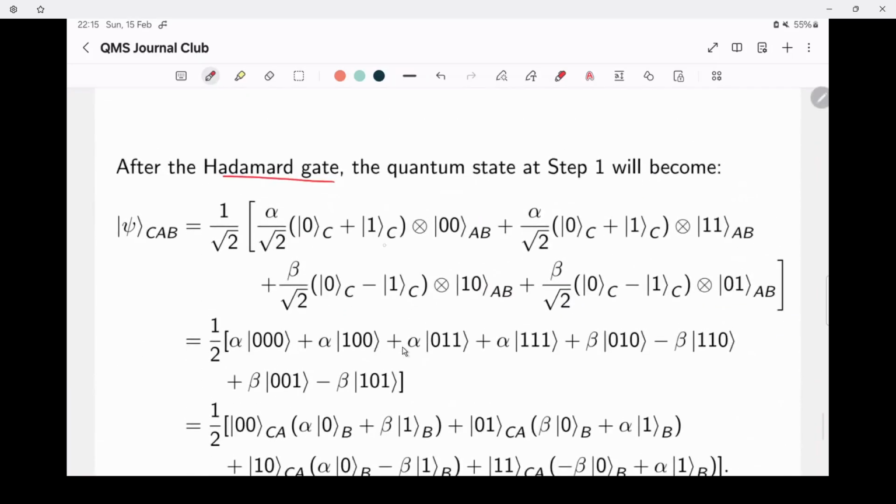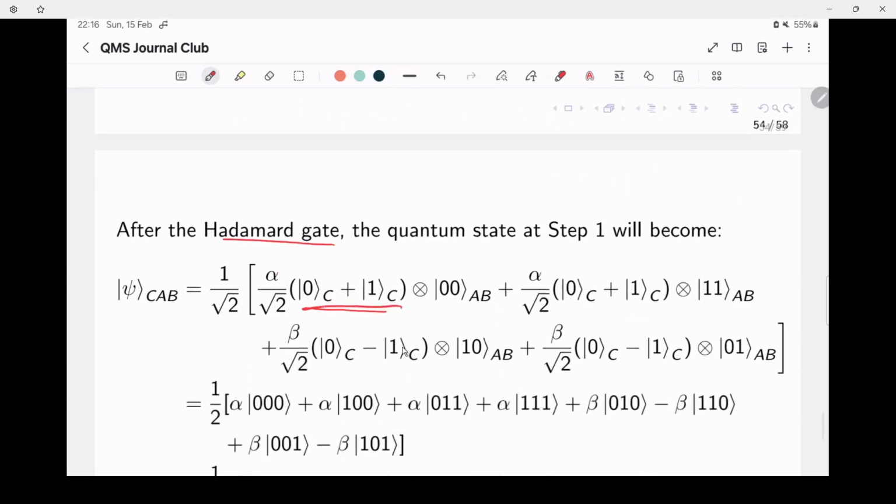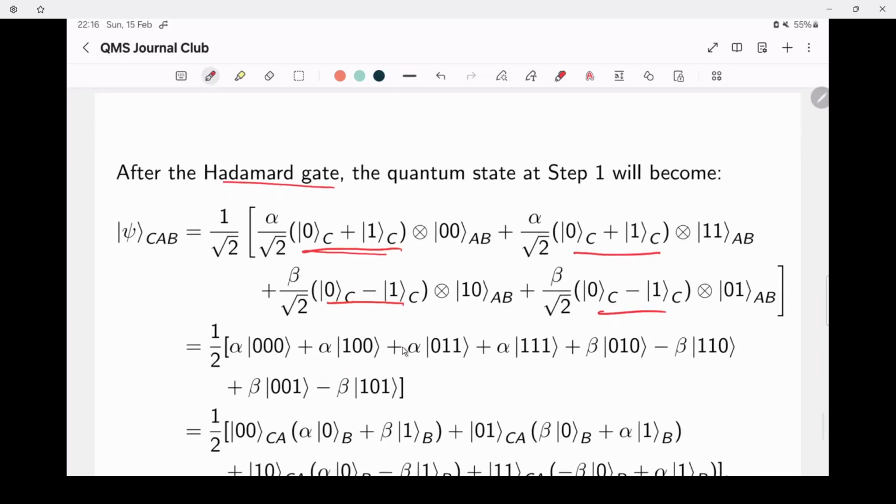Your Hadamard basically goes to qubit C. So if it is 0, then you go to plus, this is plus, this is minus, this is minus. Then you expand everything, plus, plus, minus, minus. Then you write in terms of the 0, 0, 0, 0, 1, 1, 0, and 1, 1 kind of thing.